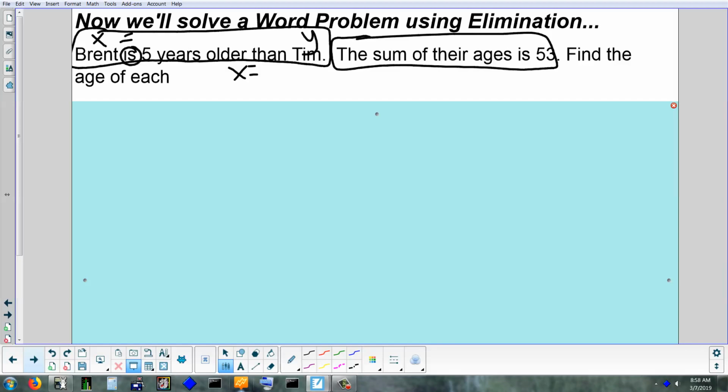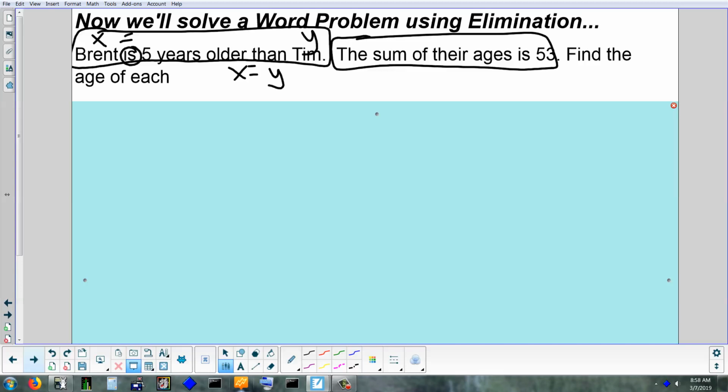So, 5 years older than Tim. For this case, I'm going to put y first. I want to put the variable first. That is a bold move. Thank you.